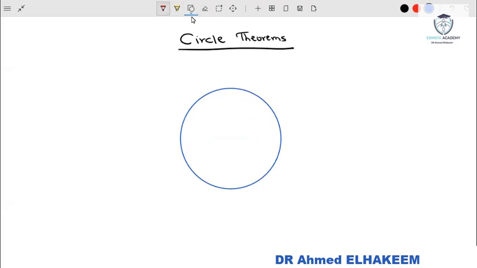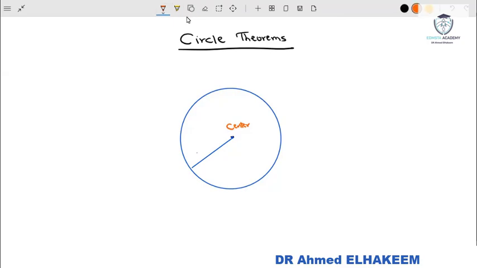So you know that any circle should have a center. So this is a center. And if I draw a line from here till I reach the circumference, this is called what?